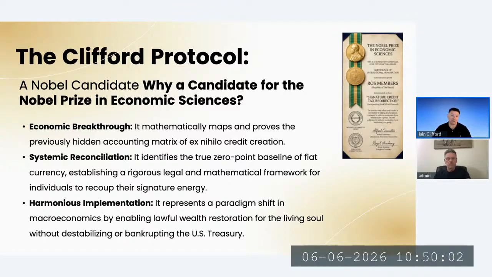What I did was I set about with my skill of financial engineering in how could that signature credit tax be redirected to the rightful owner, to the rightful creator of the signature credit energy. And that's really what the Clifford Protocol is all about.